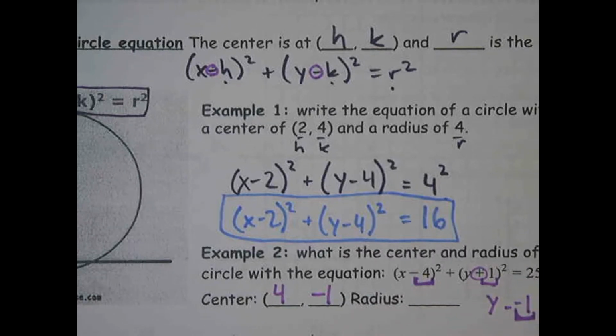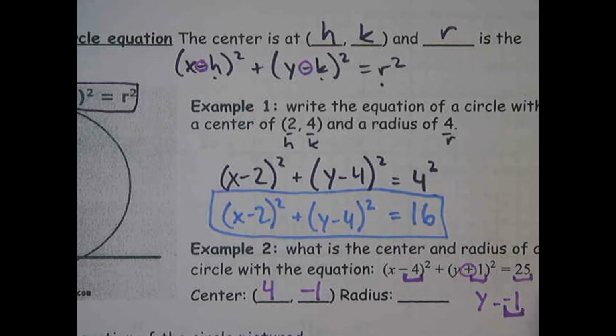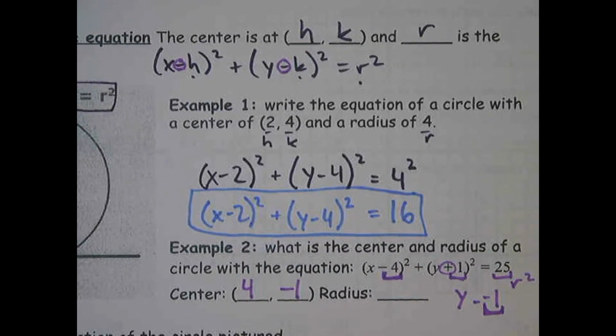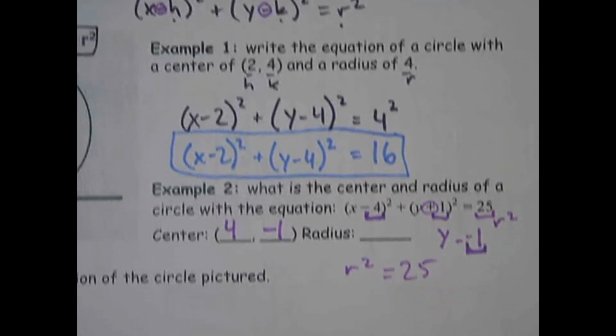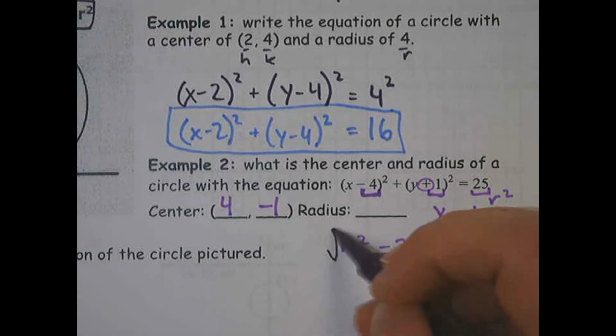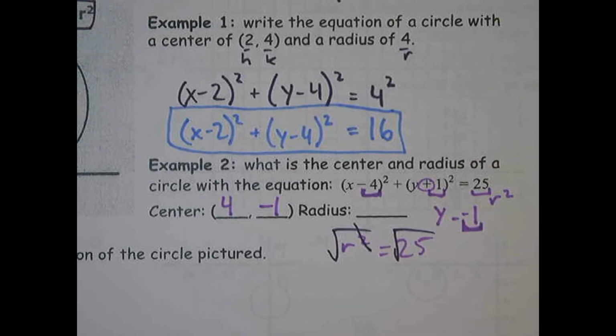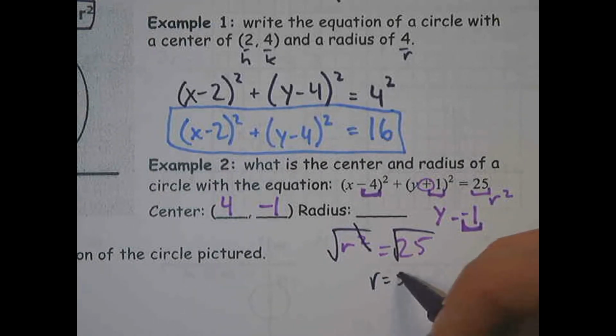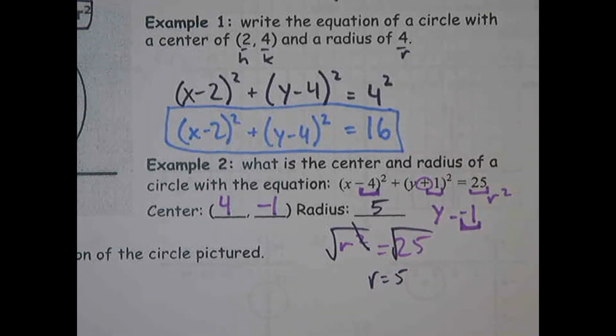Then to find the radius, I know that this number is equal to r squared, right? So 25 is r squared. So if I want to know what r is, then I just take the square root, because taking the square root of both sides undoes my square. So r is just 5. So my radius of this circle is 5.